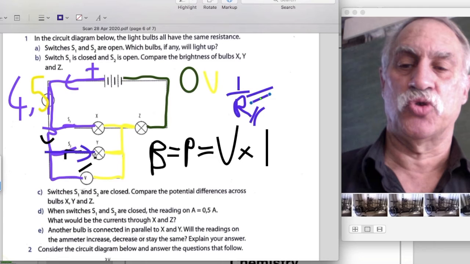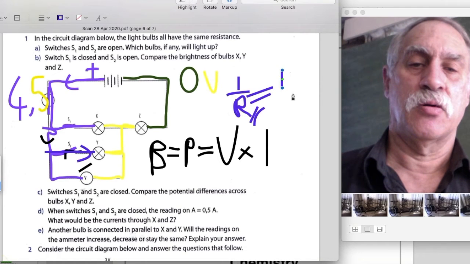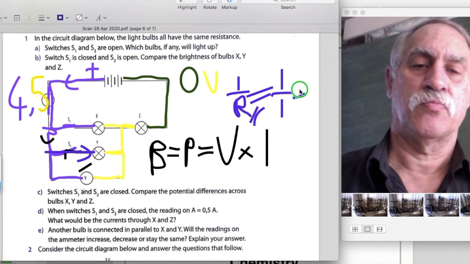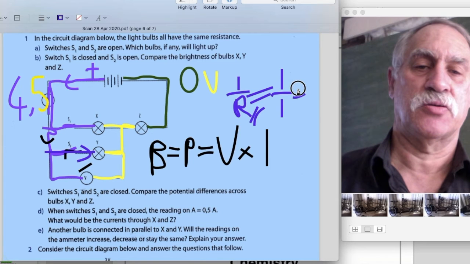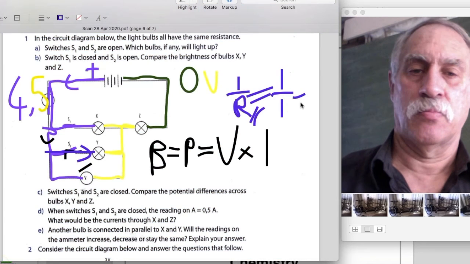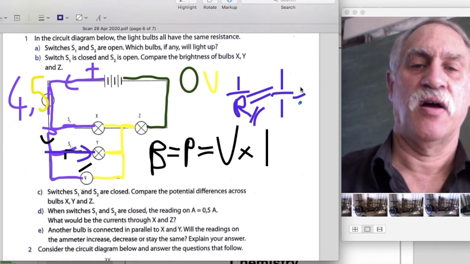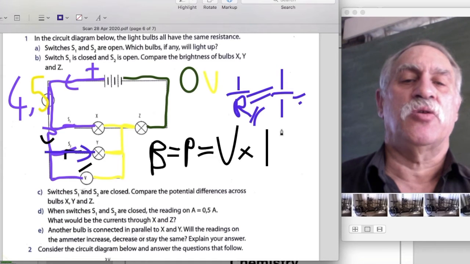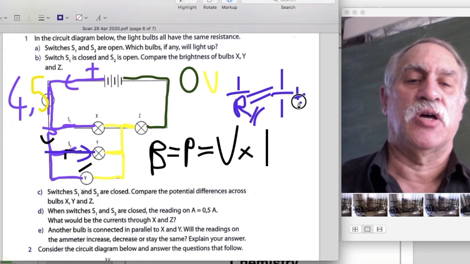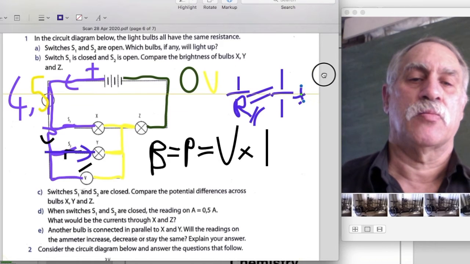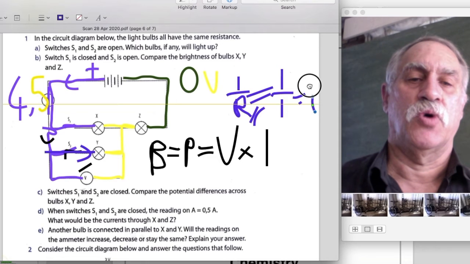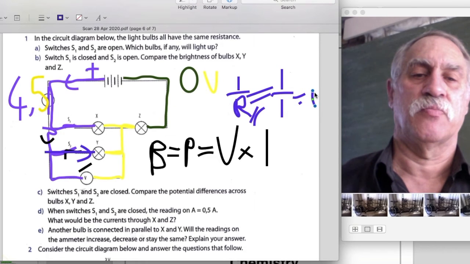Let's suppose each of them was 1 ohm. 1 upon 1 plus 1 upon 1, plus 1 upon 1.